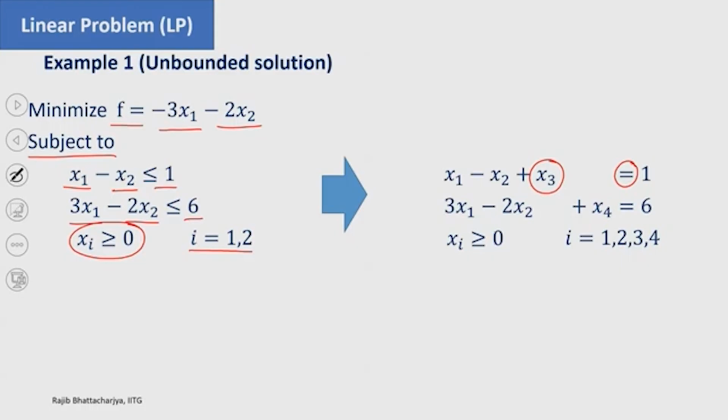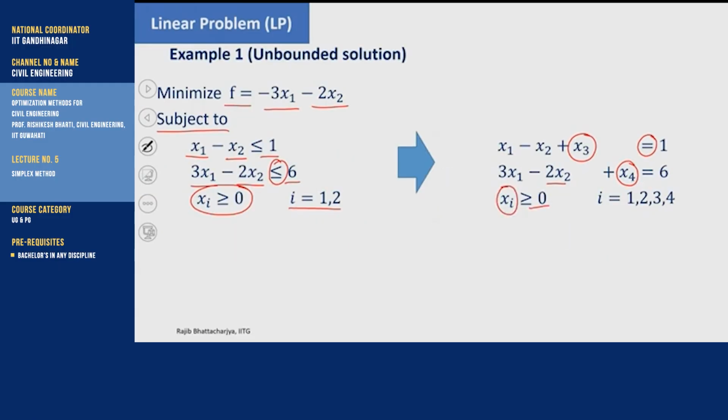Then the second constraint is also inequality type, so I am putting another slack variable, that is x4. So, now it is 3 x1 minus 2 x2 plus x4 equal to 6, and xi should be greater than or equal to 0, and i equal to 1, 2, 3, 4. With this I have converted this problem to a standard form.